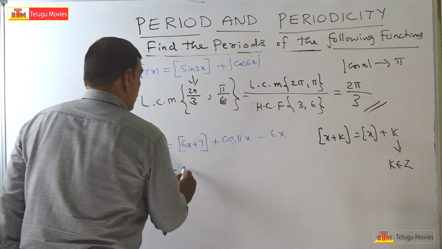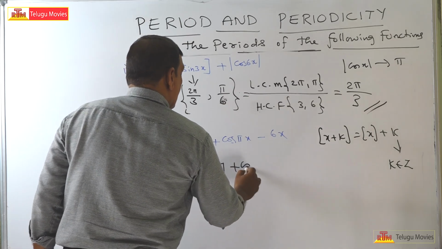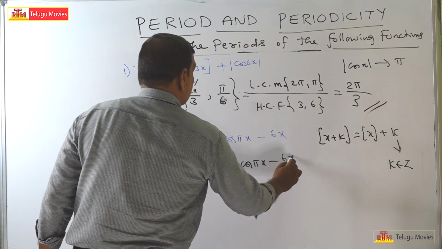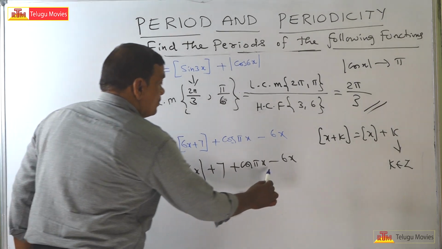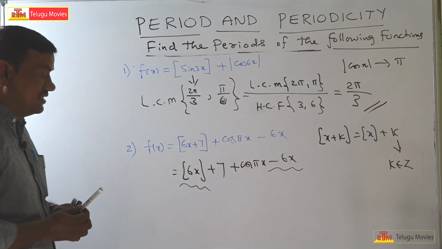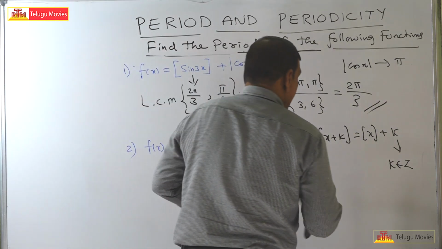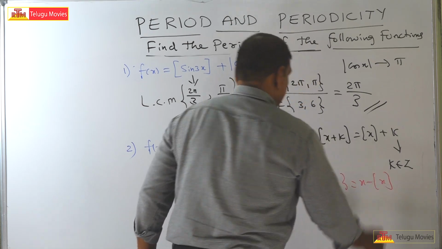That is equal to 6x plus 7 plus cos of pi x minus 6x. Let us combine these two. That is step 6x minus 6x. We have the concept that the fractional part of x is equal to x minus step x.